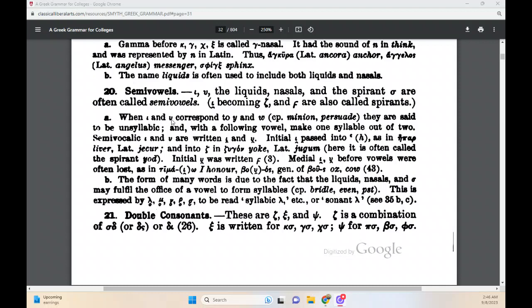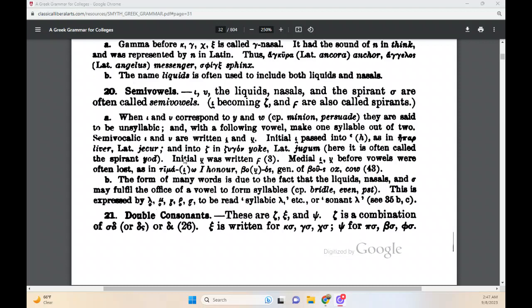If it's followed by another vowel and we say them quickly, like alpha, ua, that upsilon has the sound of the English W. And so even though these are vowels, when they're followed by other vowels, they can make a sound that sounds like a consonant. So they're included with the semivowels. Okay?